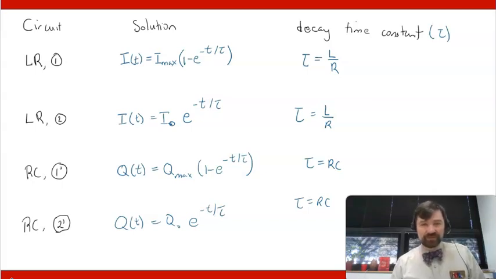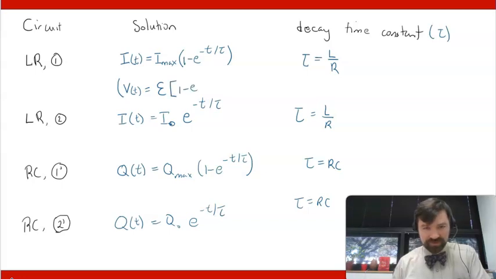All right, so this one right here, you can say something like voltage as a function of time is equal to whatever the EMF is times 1 minus e to the negative t over tau. That's what you're charging up to. This one right here, voltage as a function of time, is equal to V naught e to the negative t over tau.